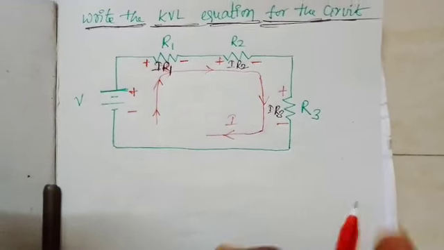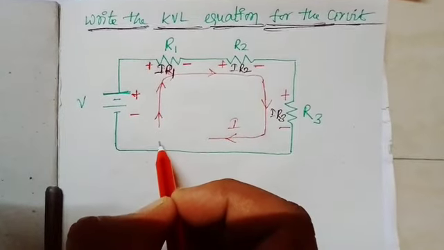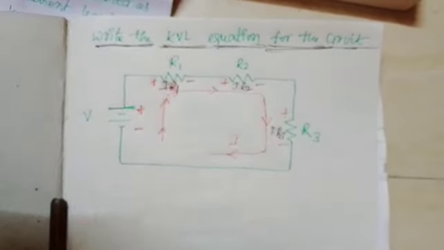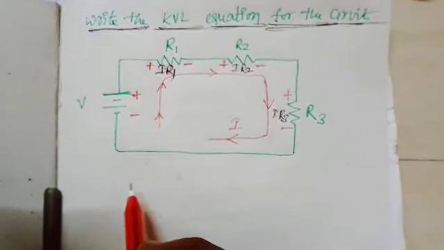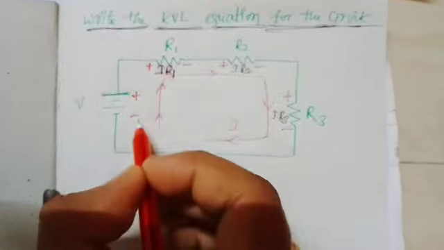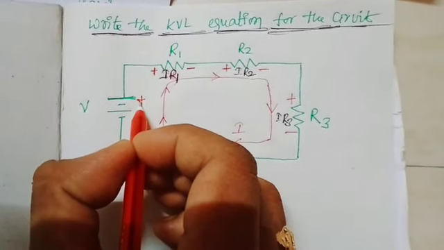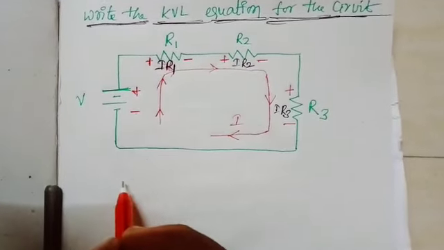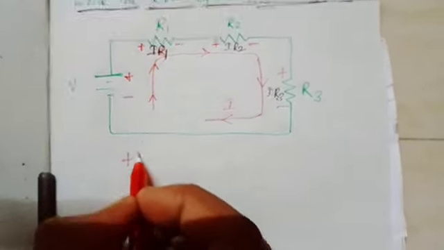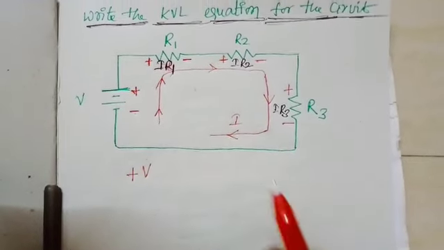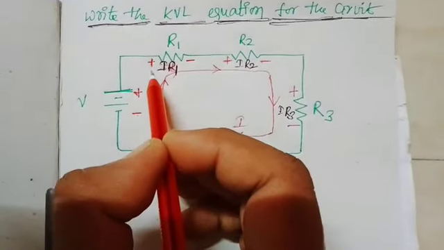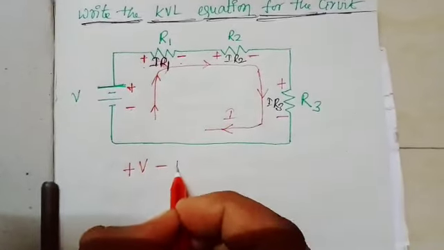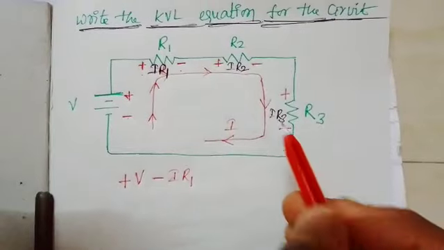Now it is easy for us to write the KVL. In the circuit, you just move in the direction of the current and write the voltages in the KVL. We are moving from the negative terminal to the positive terminal, right? So this voltage is a positive voltage in the KVL, so I write plus V. At R1 we are moving from positive to negative, so this voltage becomes negative, minus I R1.